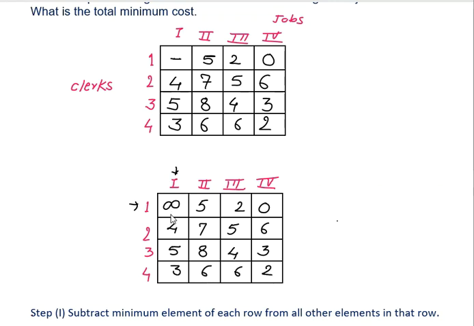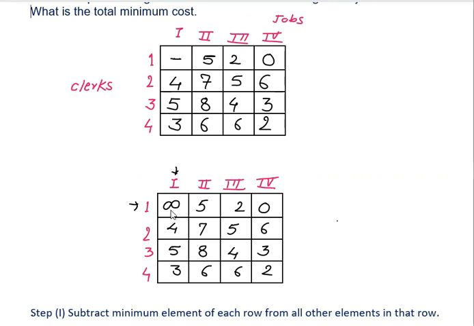When we take a very high cost of assignment, that is, when we take infinity in this cell, what happens when we perform any addition or subtraction?